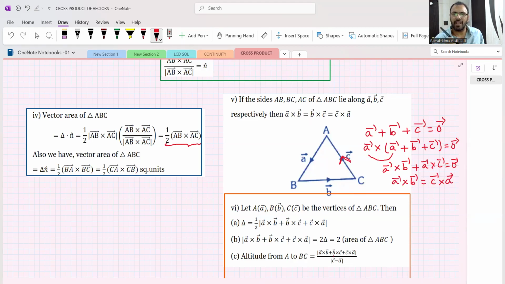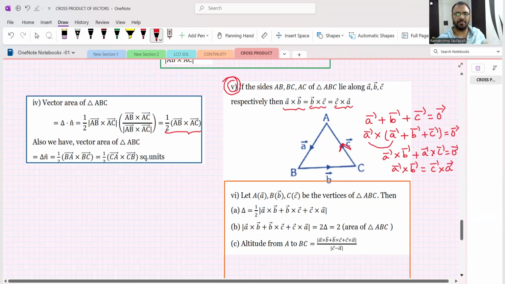So by taking cross A, we got this result. Similarly, by taking cross B, you will get the other result. So entirely, A bar cross B bar is equal to B bar cross C bar is equal to C bar cross A bar for a triangle ABC. This is also a very, very important concept, and taking cross A, cross B, cross C is a very good idea to get that result.